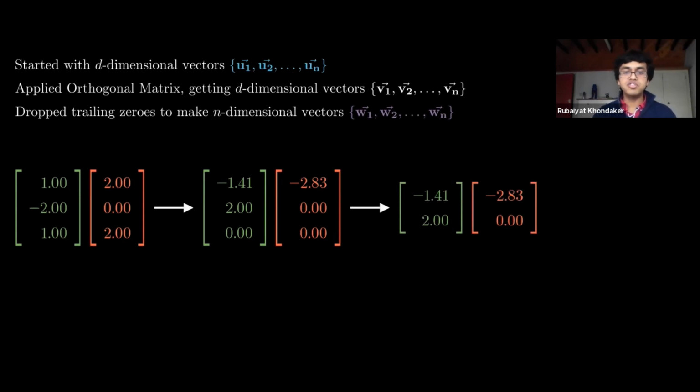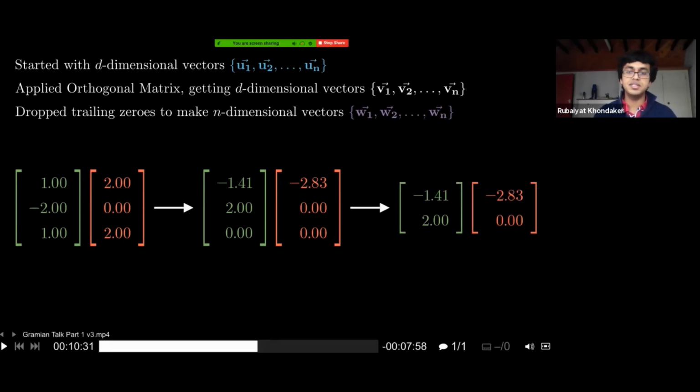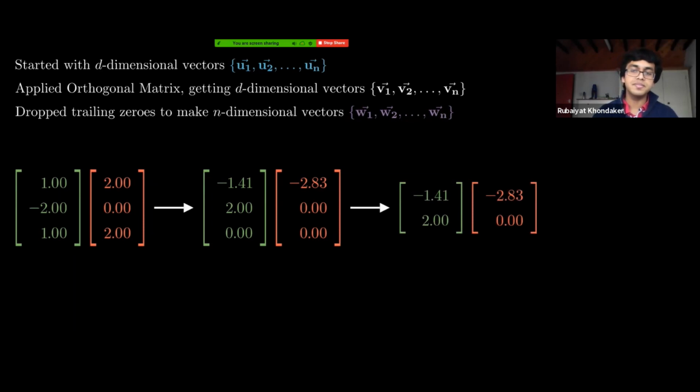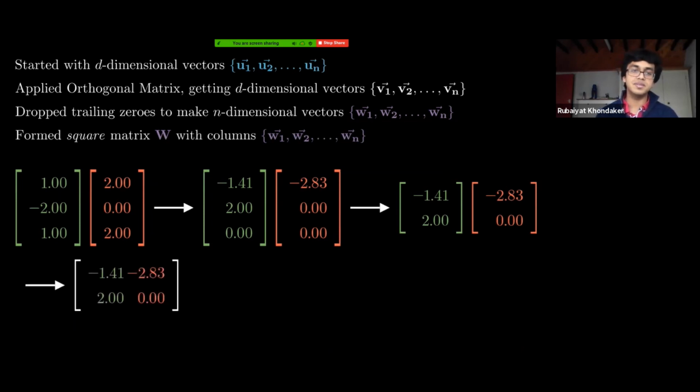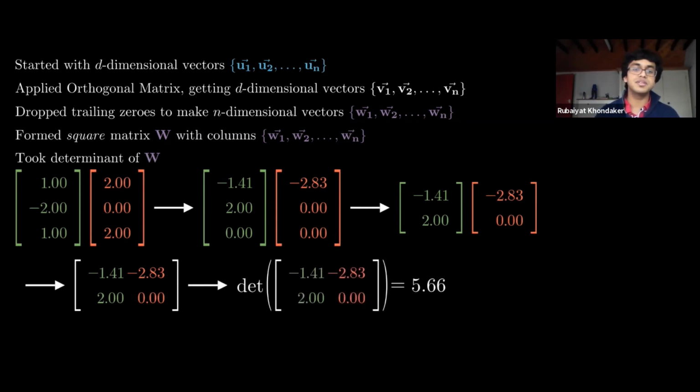Here, I didn't drop both trailing zeros because we're just making them 2D vectors. We're not making this a one-dimensional vector. And the point is that we can form a square matrix from these new vectors, because we've got n vectors, which are all n-dimensional. So it'd be an n by n matrix. And the good thing about square matrices is that we know how to take their determinant.